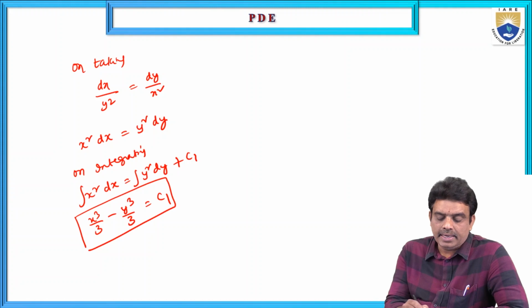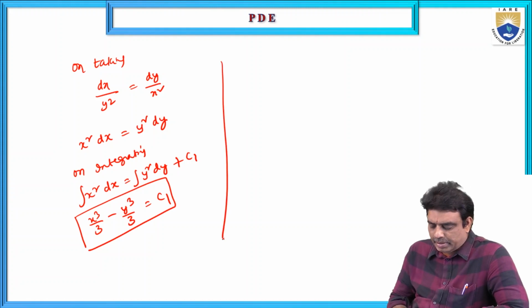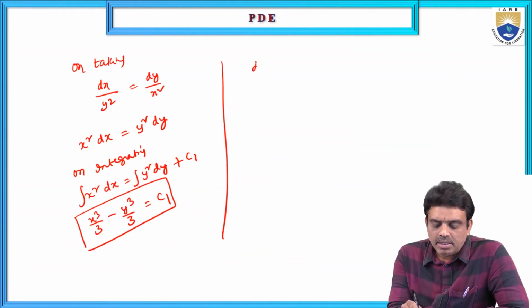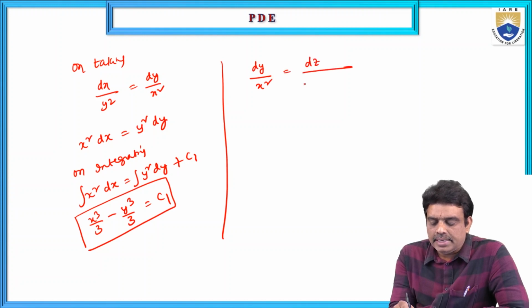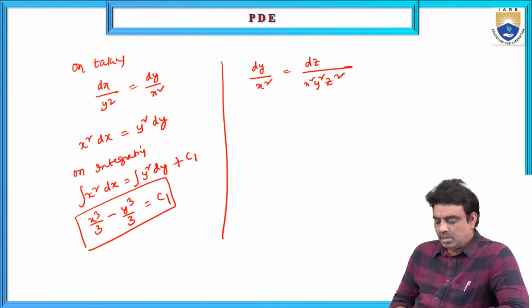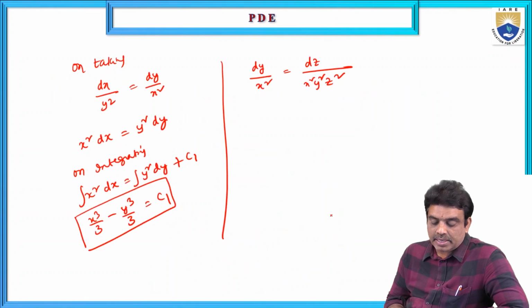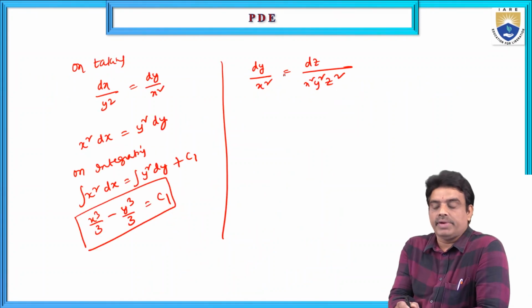Similarly, you find the second solution by considering first and last or second and last. dy by x square is equal to dz by x square y square z square. And considering the last two, dy by x square is equal to dz by x square y square z square.